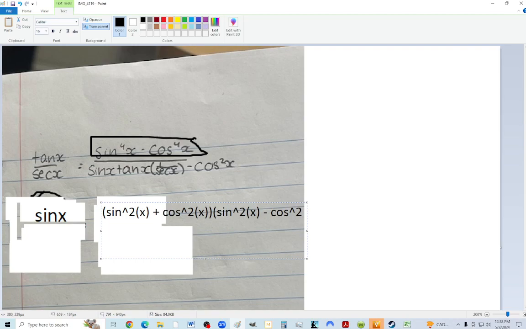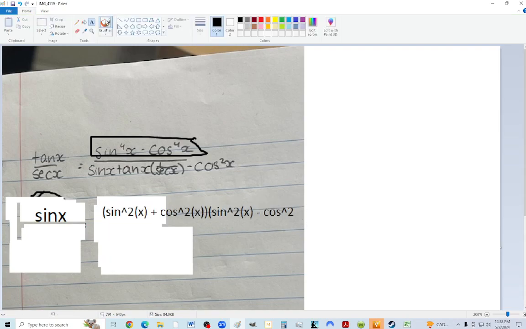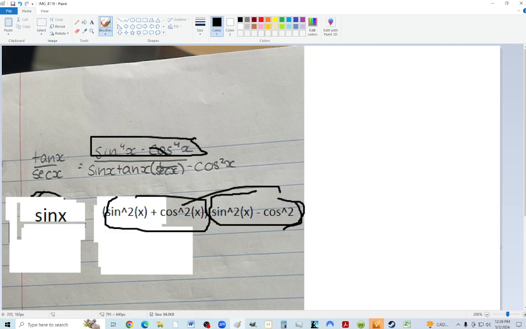I'm just going to put the cos squared there. This bracket times this bracket will give you this.